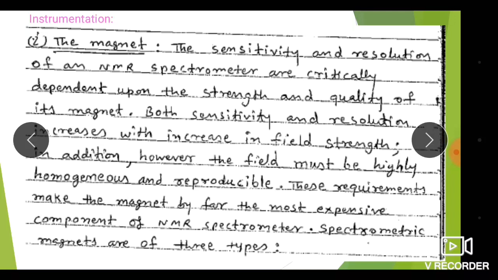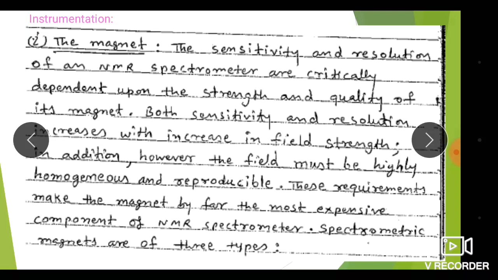These requirements make the magnet the most expensive component of the NMR spectrometer. So the most expensive and important component is the magnet, due to its field strength and homogeneity.